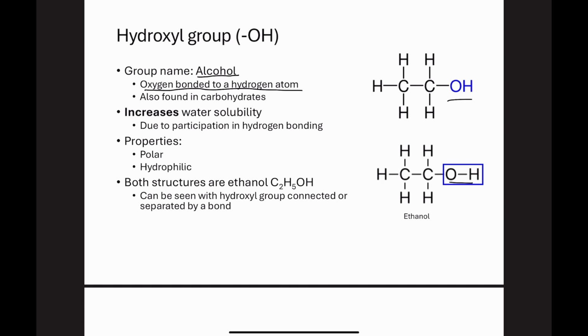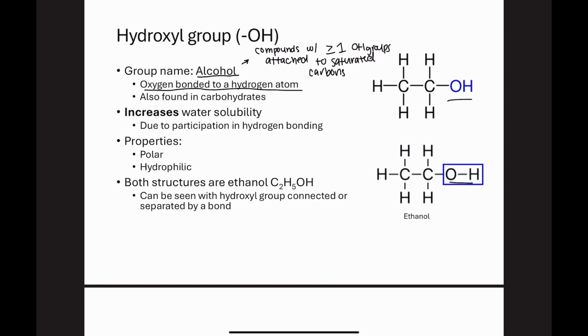And it's important that we clarify that when we're talking about an alcohol, what we're referring to is a compound that contains one or more hydroxyl groups attached to a saturated carbon. So an alcohol is referring to compounds with one or more hydroxyl groups attached to saturated carbons.